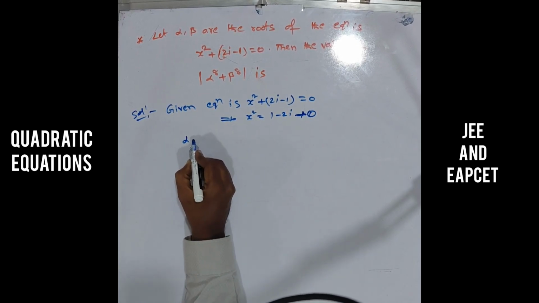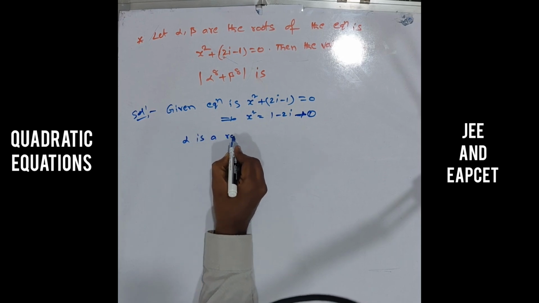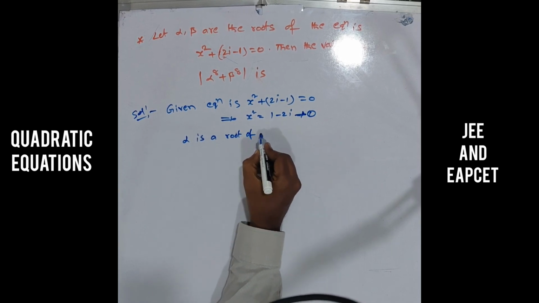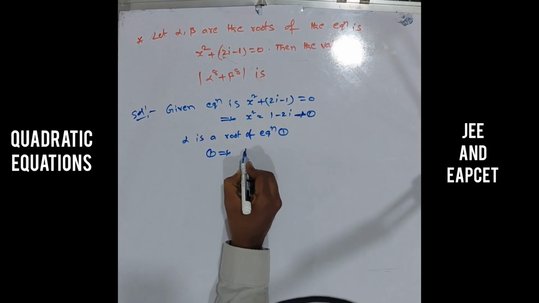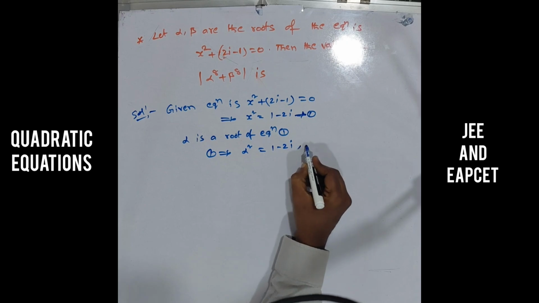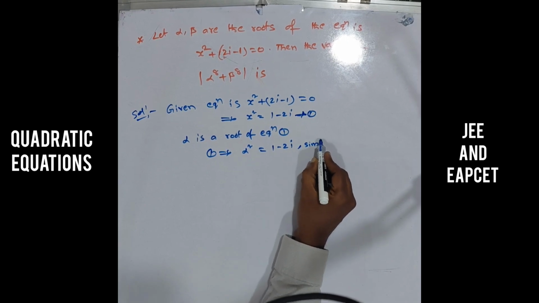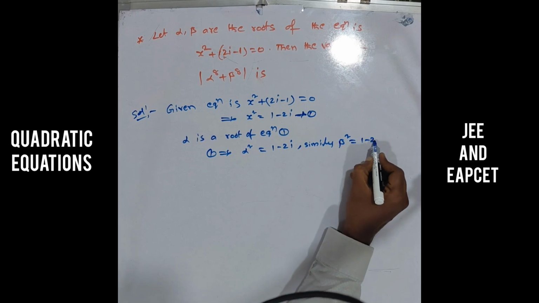Alpha, beta are roots of this equation. Alpha is a root of equation number 1, which implies alpha square is equal to 1 minus 2x. Similarly, beta square is also 1 minus 2x.